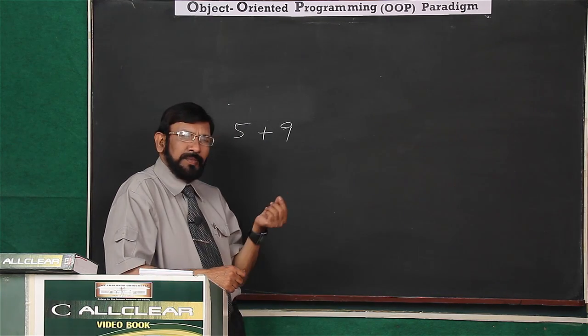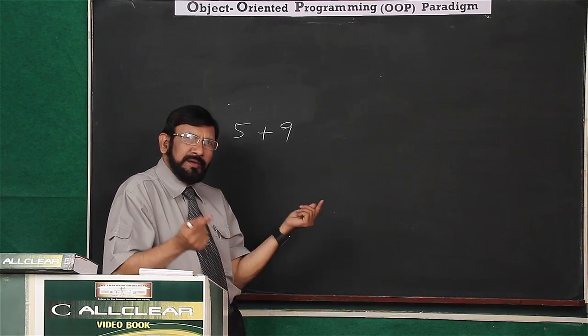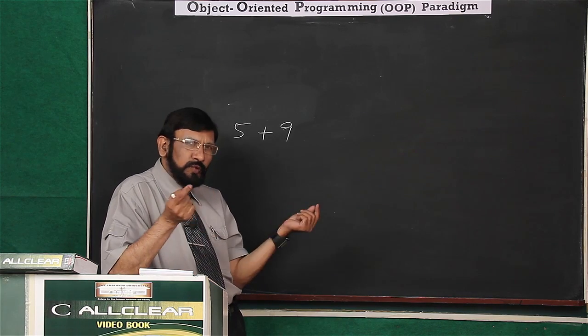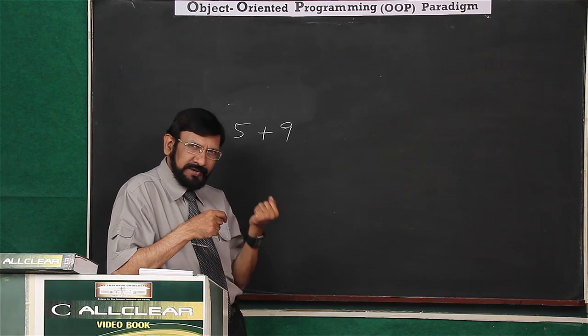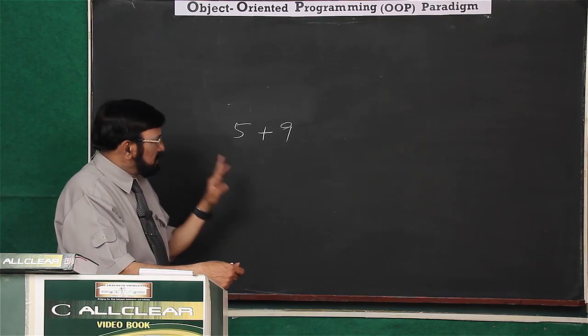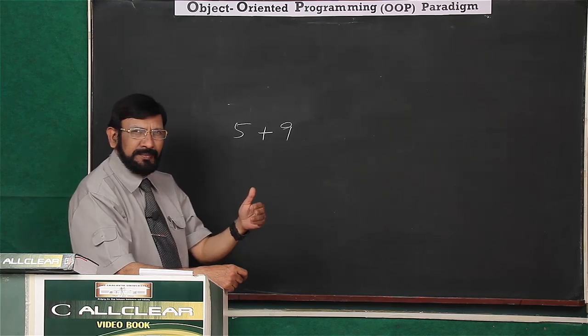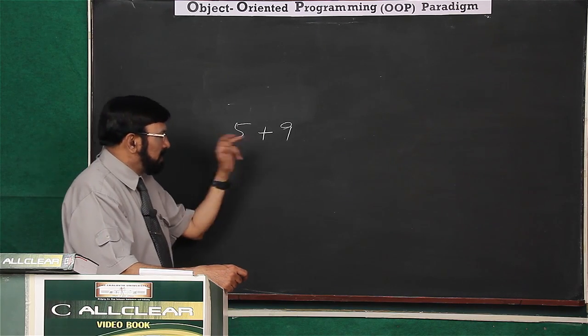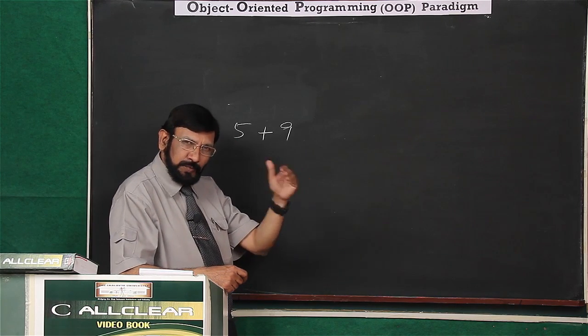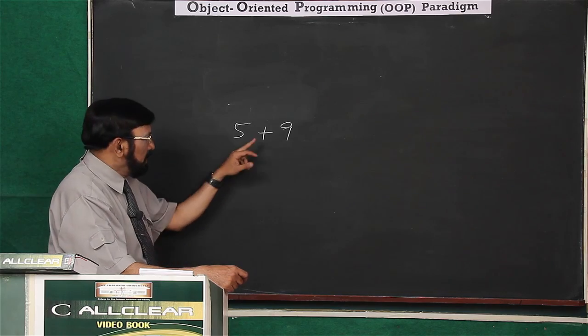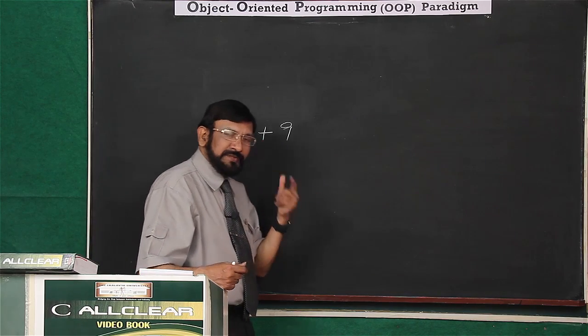It is a symbol. What does plus represent? You add two operands, two data items. That is a function. Which one should be given first priority? Data. 5 and 9 are given, so they should be given first preference, and plus next.